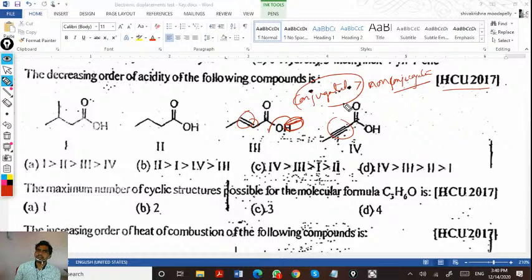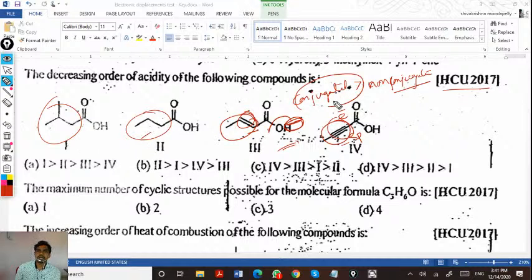So here conjugated are these two, and moreover these are sp3 carbons. Inductively these are sp3 carbons, and this is sp2 carbon, and this is sp carbon. So sp carbon can withdraw more electrons, which will stabilize the anion more efficiently when compared to sp2 and sp3.